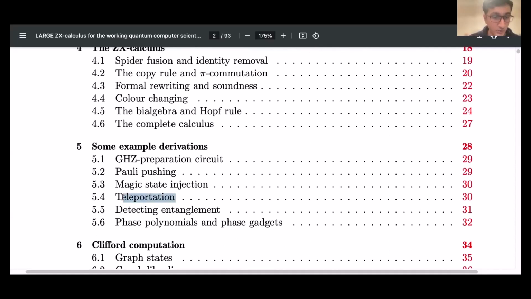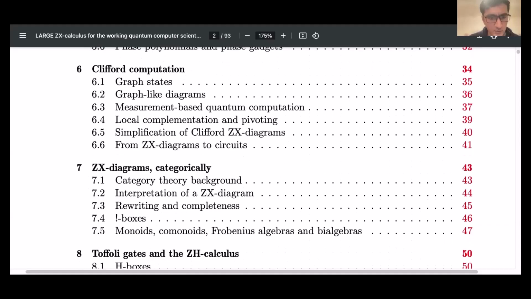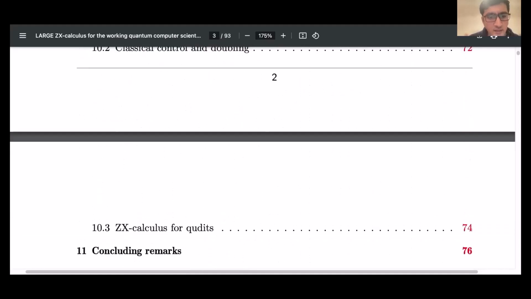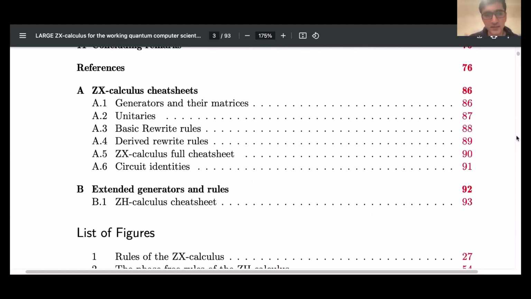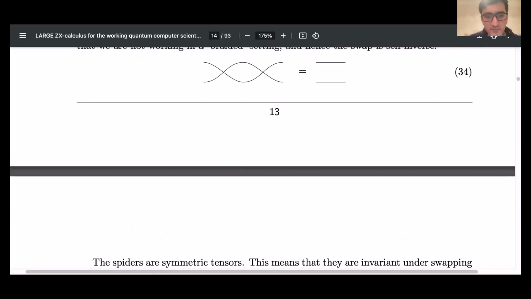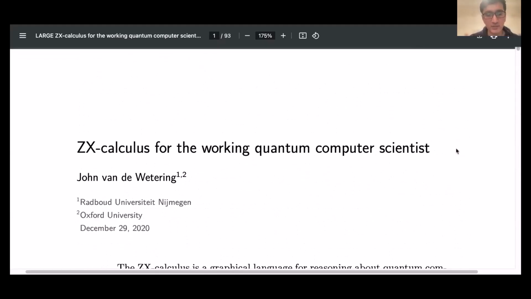You can also see the quantum teleportation material here, and there are many more rules as well. I hope there are some examples of quantum computing algorithms like Shor's algorithm somewhere in this, or maybe the Deutsch algorithm. But I would highly recommend this paper. It's called ZX Calculus for the Working Computer Scientist. It is available on arXiv. You can get a link to this paper; let me share it here.